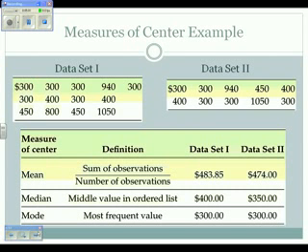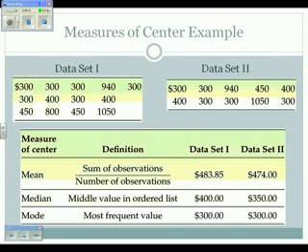And here are two different data sets, and we will look at the mean, the median, and the mode of these data sets. So the mean for data set number 1, we add all of the data values together.